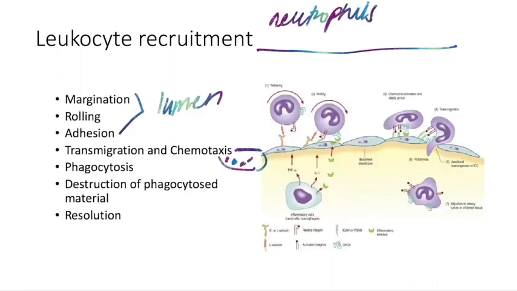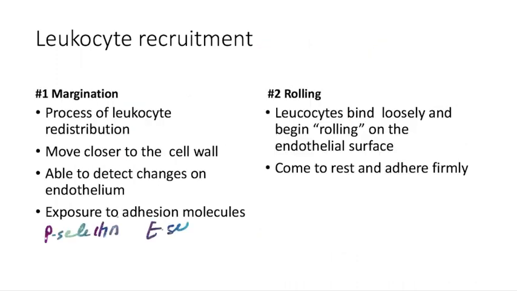You have these little molecules that are exposed on top of the endothelium, and they include such things as selectins. P-selectin is a big one. E-selectin, proteoglycan, an integrin ligand, ICAM-1. These are the adhesion molecules.